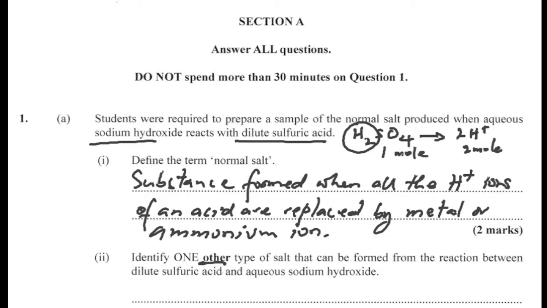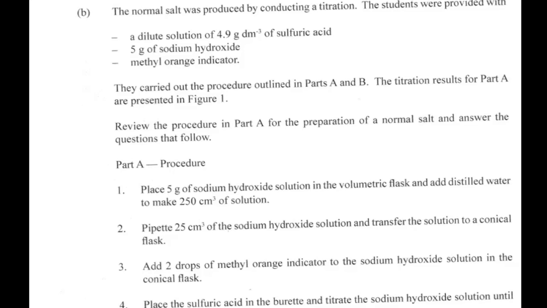If it's not a normal salt, then it is what we call an acid salt. Some folks will say it's an abnormal salt, but no, it's an acid salt. So there we go, 3 marks down, just like that. So we're on to part B.